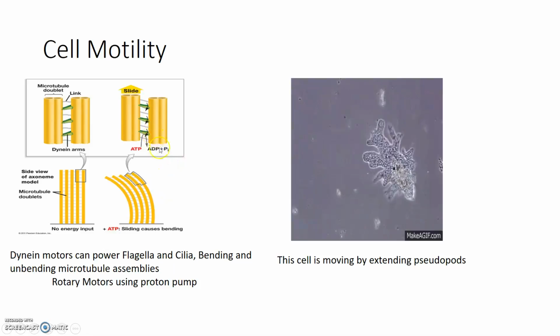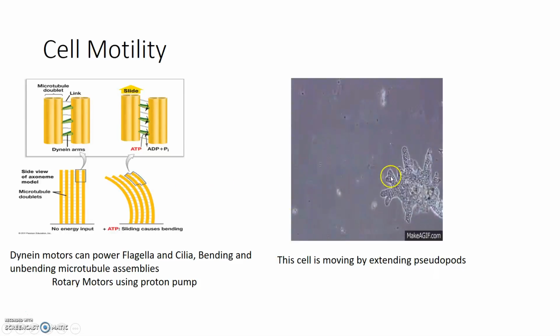We see here that if we add ATP to the complex, it causes one of the microtubule doublets to slide up on the other one, and this causes the whole complex to bend to the left. Now in a flagellum, the cell would bend it to one side, to the other, back and forth, causing a beating mechanism, which is how, of course, the cell moves.